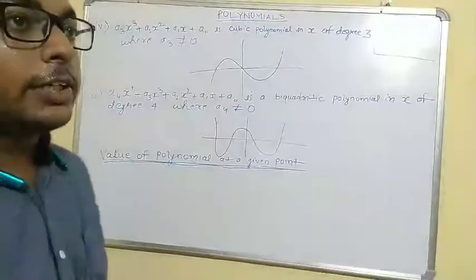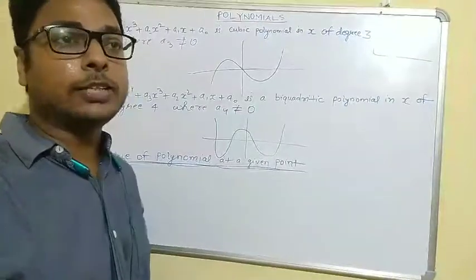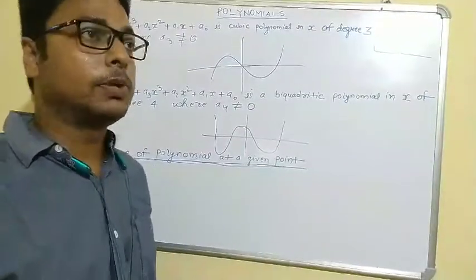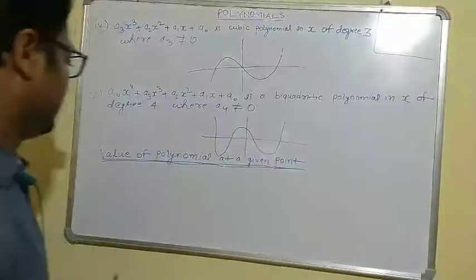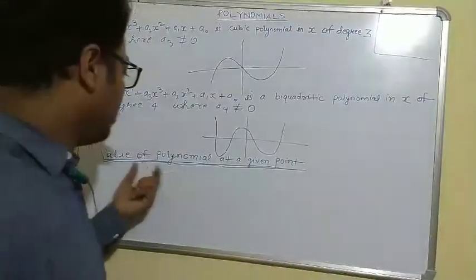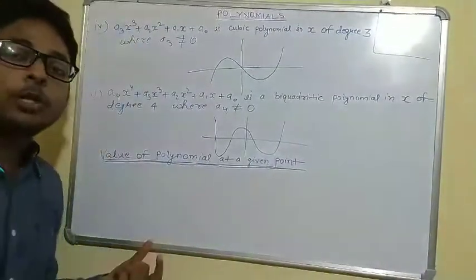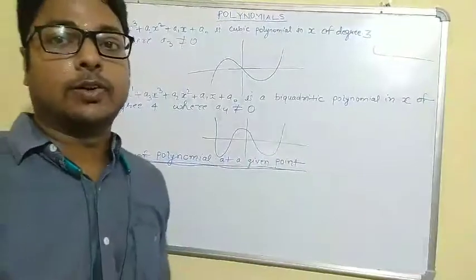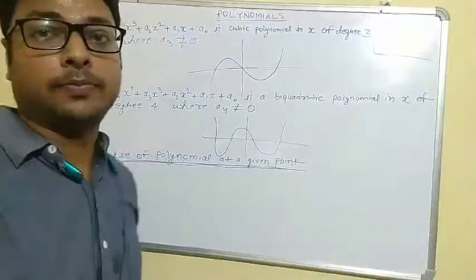As we know, a quadratic polynomial is a2x square plus a1x plus a naught, in which I will find the value of the polynomial at a given point x equal to alpha.